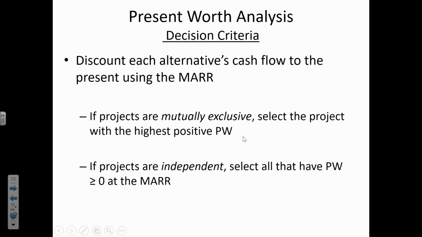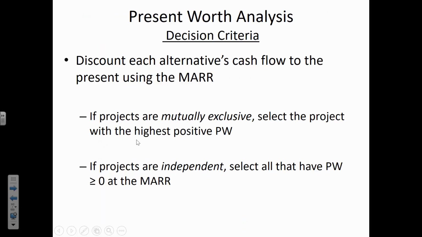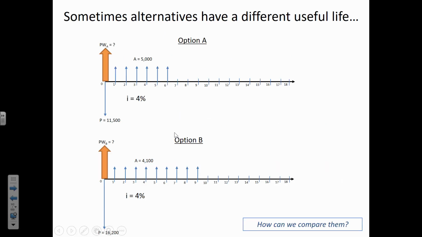A present worth of zero, when you're discounting at the MAR, means that your project only returns a rate of return equal to the minimum acceptable rate of return. And of course, not mentioned here, the decision criteria is if the present worth is less than zero, then you'd reject the alternative. Anytime the present worth is negative when you've discounted at the MAR, it means that the project is not going to be profitable.